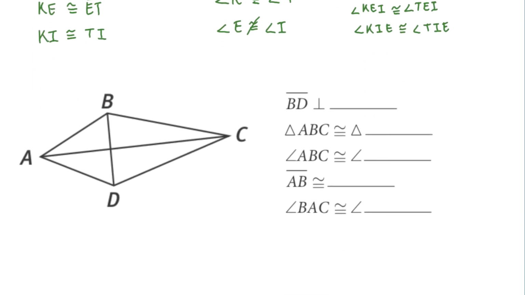All right, so let's see, BD will be perpendicular to AC. Triangle ABC will be congruent to triangle ADC.